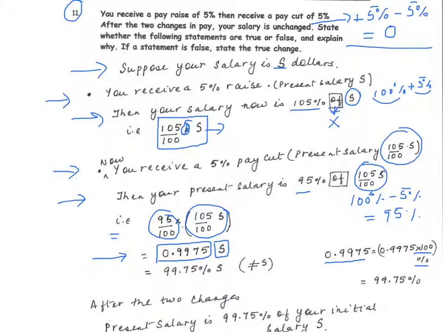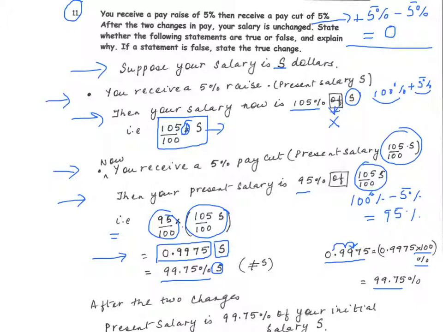So simplifying the numbers in the parentheses, we get 99.75%. So basically that amounts to shifting the decimal point 2 places to the right. That's what multiplication by 100 does. So it's 99.75%. That's where we get the 99.75% off, so multiplied by the salary that you started off with before any of these changes.